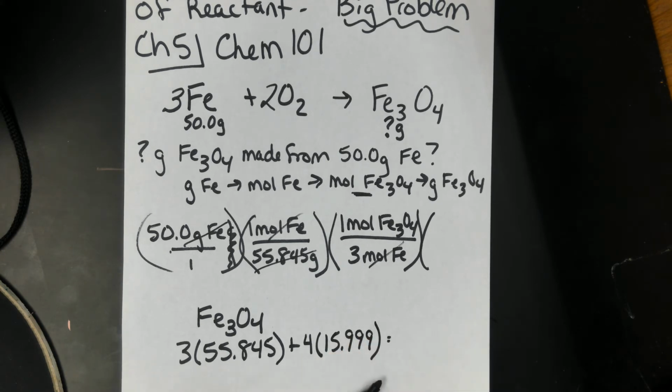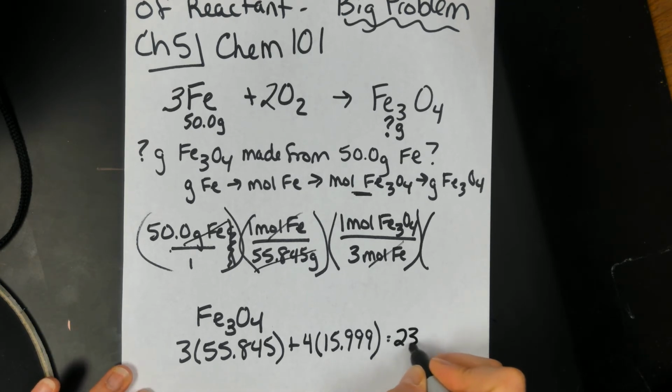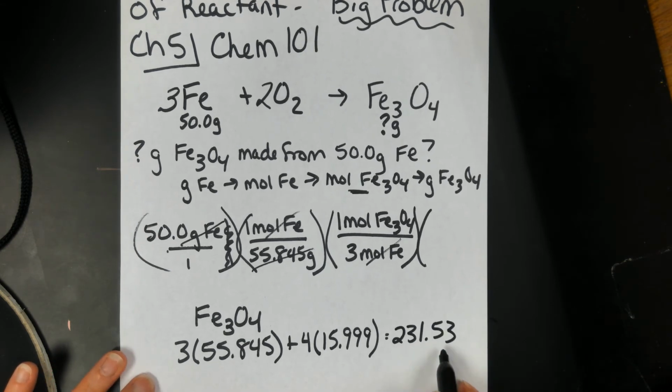So I'm going to do a little math. When you multiply these out and add them, you get 231.53. And remember, where does this number come from? The periodic table.